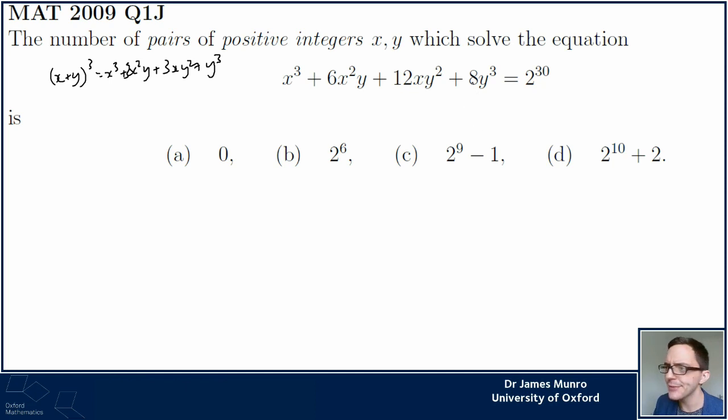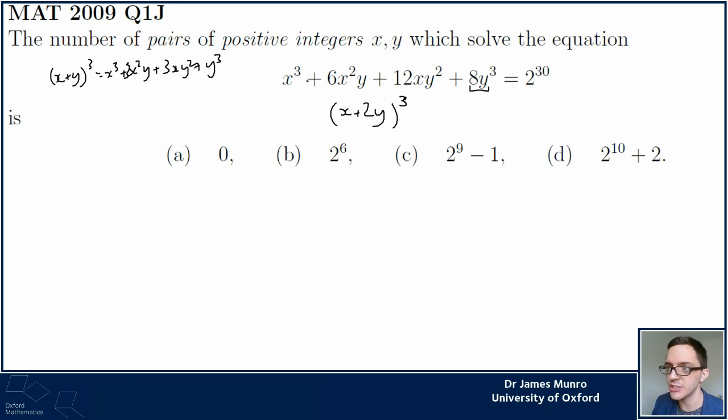I looked at this bit in particular and said, if I was multiplying out something cubed, I'd expect the first term to be the first thing cubed, and the last one perhaps to be the last thing cubed. This looks like the cube of 2y to me. So my next guess was, is this x plus 2y cubed on the left, secretly in disguise? That's a hypothesis.